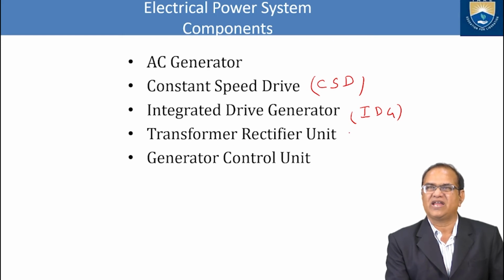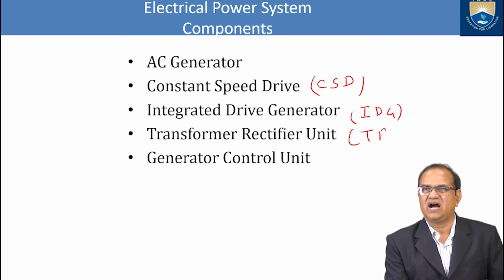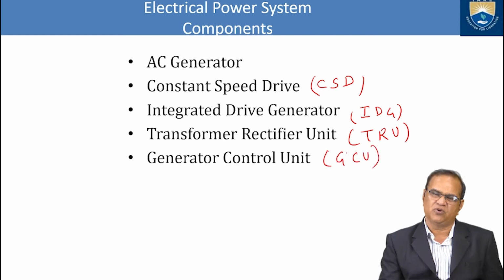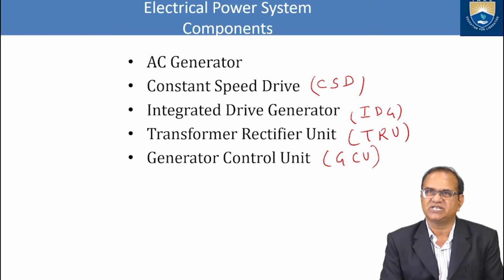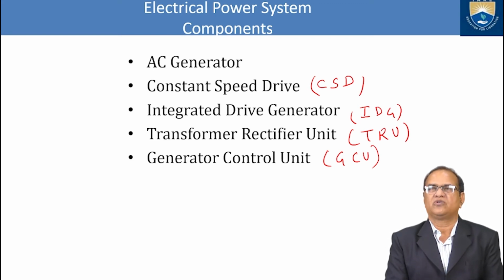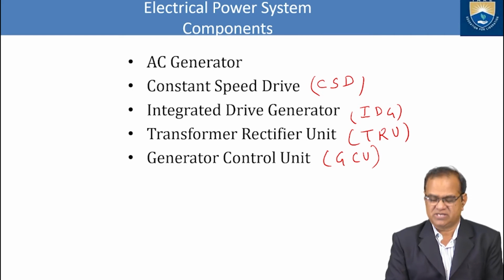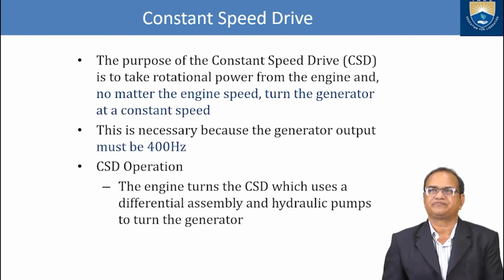Transformer rectifier unit, called TRU. And then generator control unit, called GCU. So these are a few very important components of the electrical power system. I am going to discuss them one by one, and please pay attention.